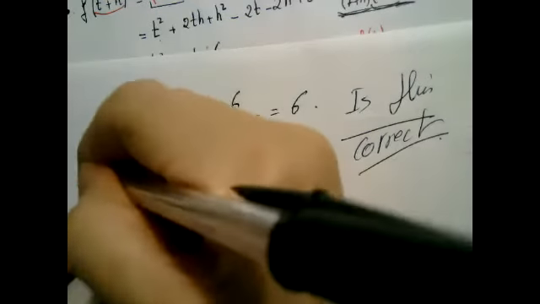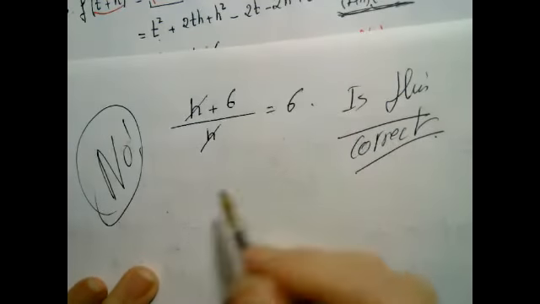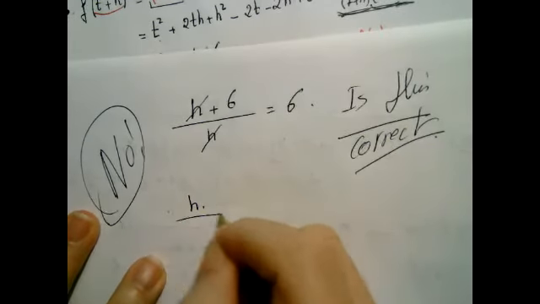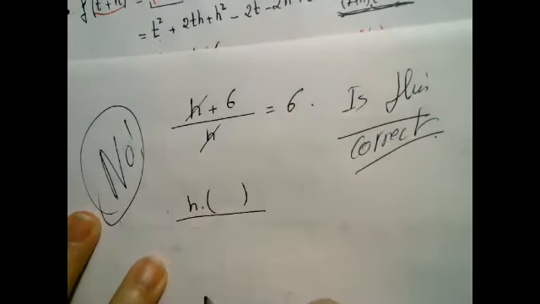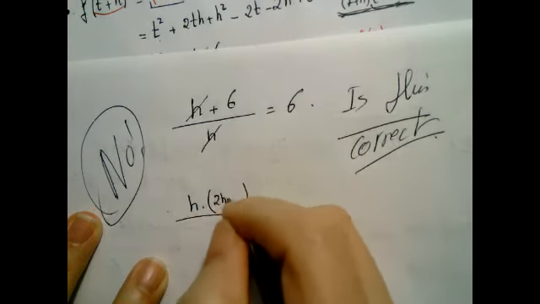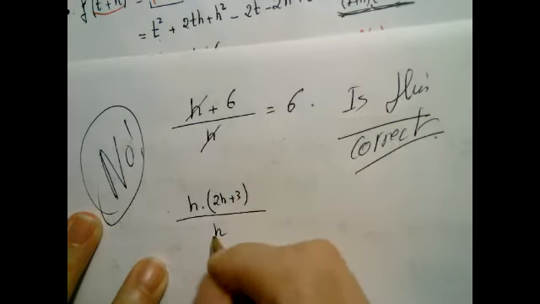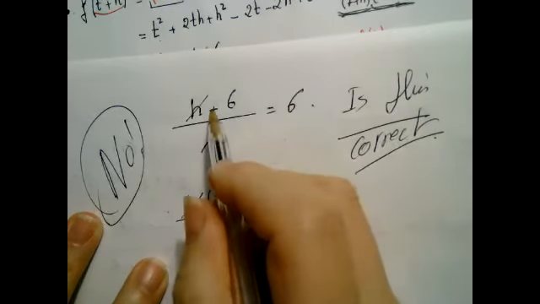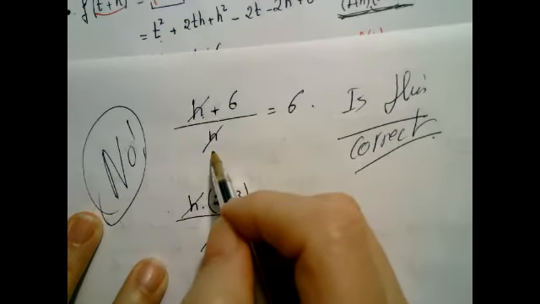Absolutely no. Absolutely no. No. When can we simplify? We can simplify when the term is part of a product. So I have h multiplied by anything, like h times 2h plus 3 over h. Only when it's part of a product, I can simplify. If it's part of a sum, this doesn't make any sense whatsoever.